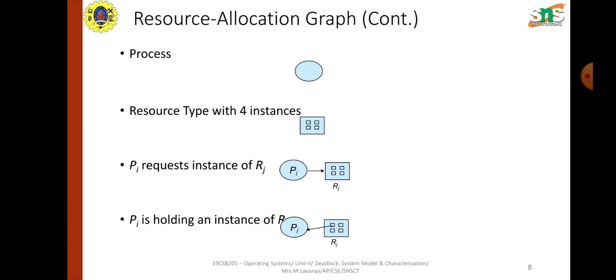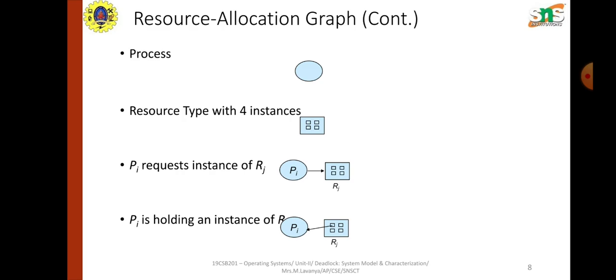Further, the third one indicates the request edge from the process Pi to the resource Rj. In this situation, the process Pi might be requesting the entire resource Rj, which has 4 instances, or else the process Pi might be requesting a single instance of the resource Rj. That is also applicable. And the process Pi which is holding an instance of Rj is indicated in the last graph.